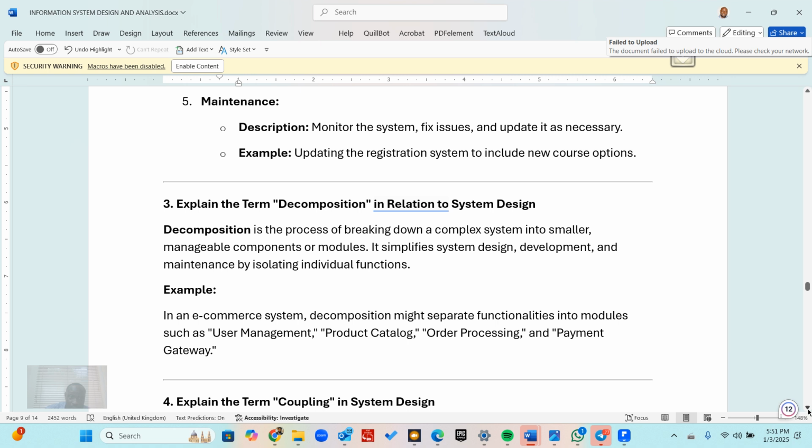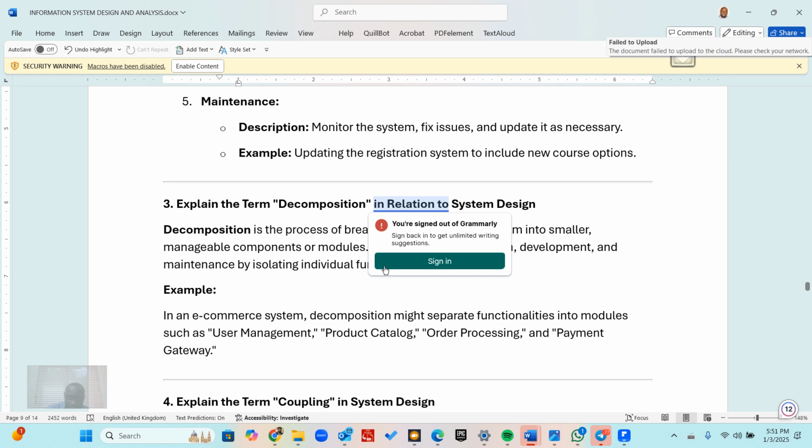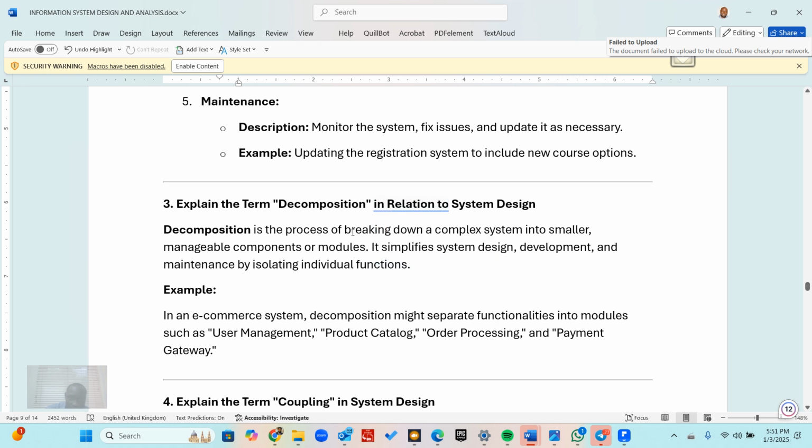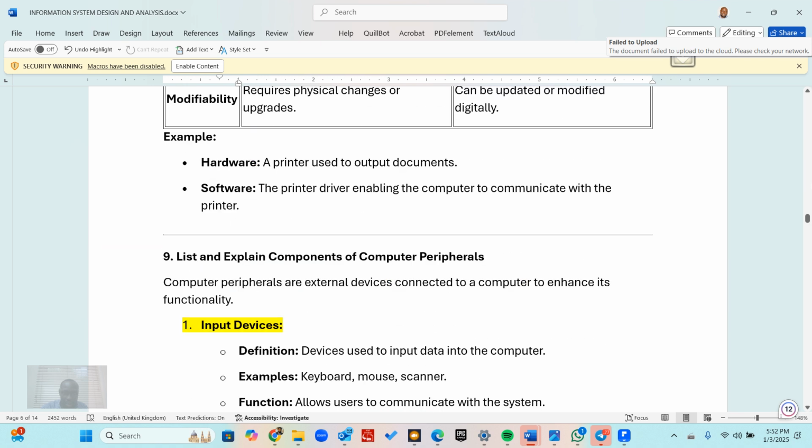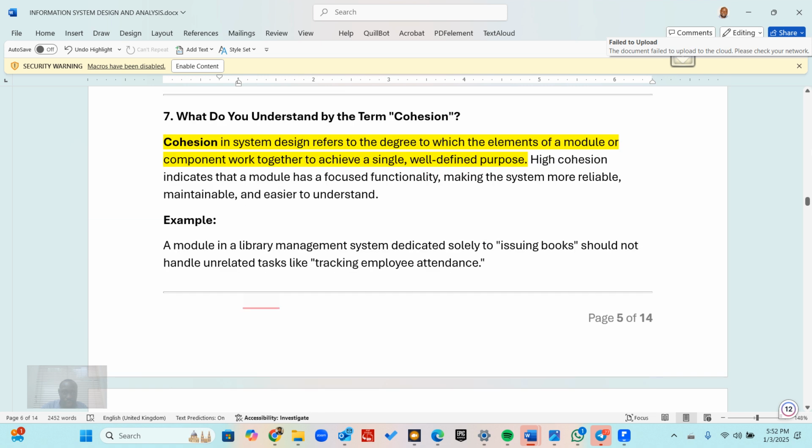Explain, rather, is question 3, decomposition in relation to system design. Decomposition is the process of breaking down a complex system into smaller, manageable system components or modules. Remember, we discussed cohesion. Cohesion we defined earlier as the degree to which all elements or components of a module work together to achieve a single and well-defined goal.